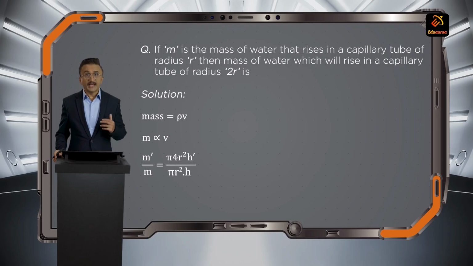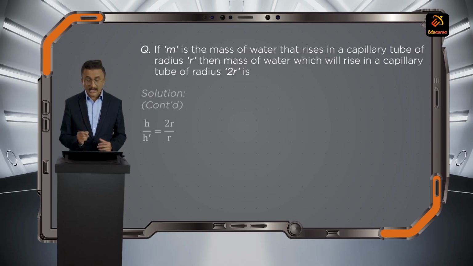What is the relation between h and r? h and r are inversely proportional, because h is equal to 2T cos theta upon r rho g. So h upon h dash is equal to 2r upon r.